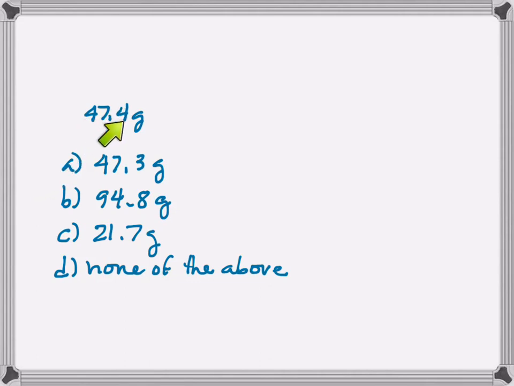Your answer differs a little bit in the last digit. That can happen when you round intermediate values, or if you're using a periodic table that's slightly different, but that does not mean that this is an incorrect answer. So you should not choose none of the above in this situation, because this is extremely close to that. It's close enough.